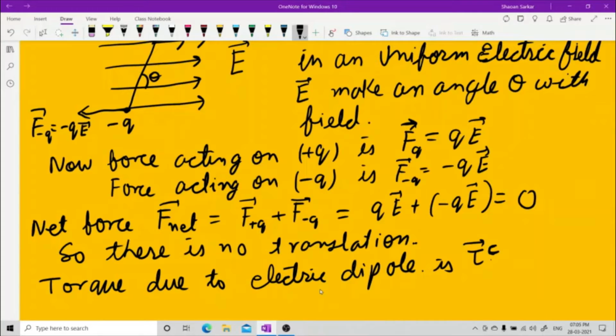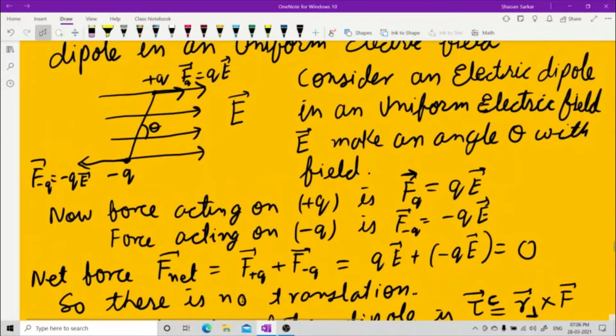This is equal to the perpendicular distance of the line of action into F, either of the forces. Now let us see the perpendicular distance in the figure.